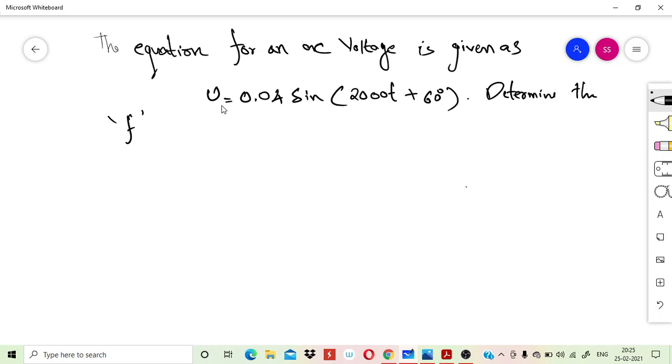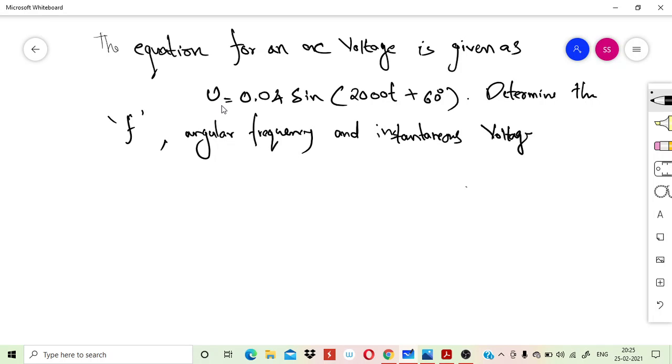Frequency f, then the angular frequency, and the instantaneous voltage when t equals 160 microseconds.